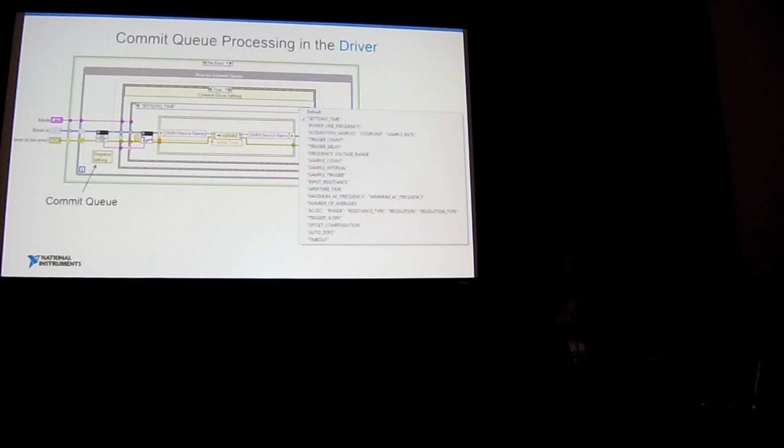In the middle, there's just a case structure. That case structure says, I'm going to handle the setting settling time. And for the DMM, this is how I handle settling time. I take the double and I put it into this property node on the DMM's API. And that could be any instrument's API. It's just how do you handle that setting? How do you get it to your hardware? So it can look way different.